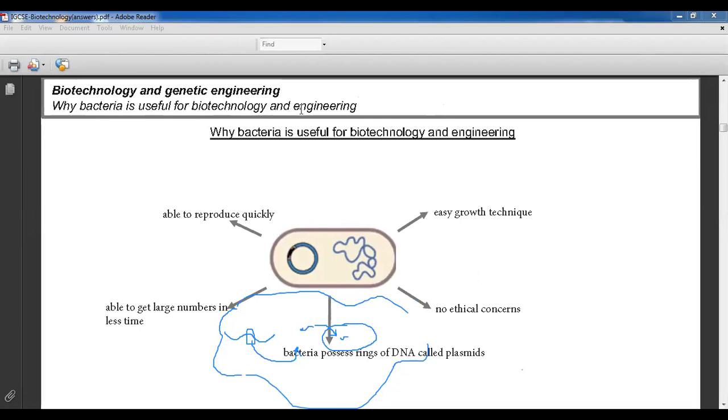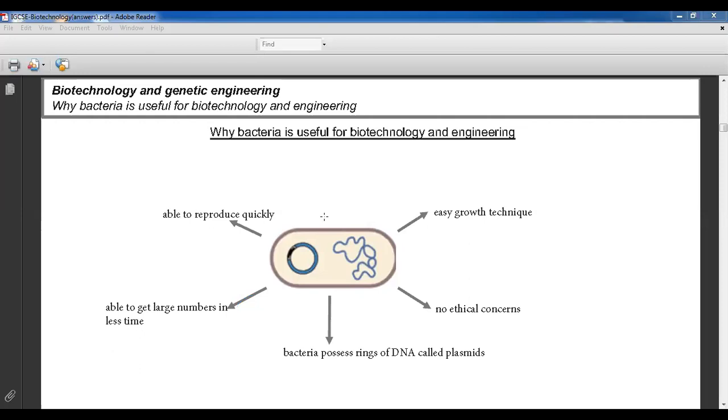Mostly we are using bacteria in biotechnology and genetic engineering to produce products, because we insert our gene of interest into the bacteria. So the question is, why are we selecting the bacterial cell? Why not any other plant cell or animal cell?